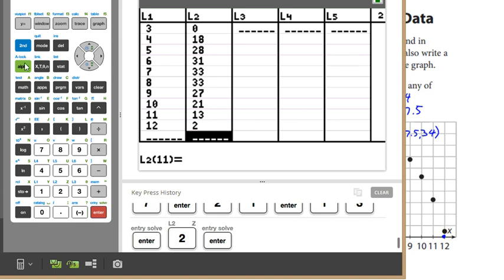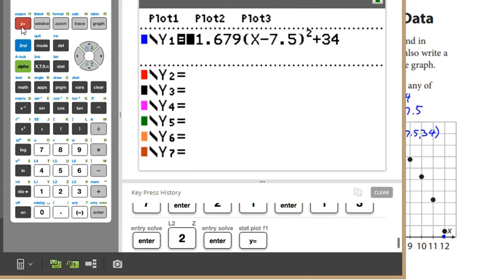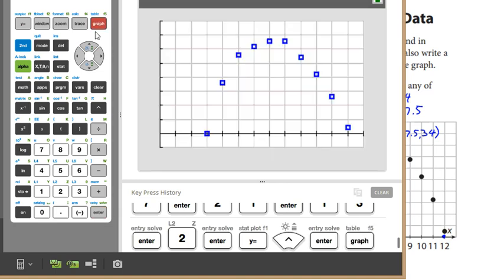And so to see this, we need to go up here in our function editor and go up to Plot 1, enter that. We should see the points. And yeah, we see the points, and we see that we hit the x-axis really well.